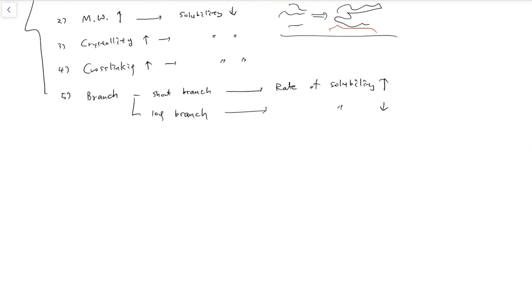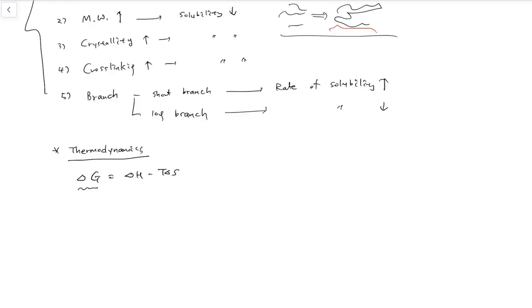Let's try to consider polymer solubility in terms of thermodynamics, since we all have learned about thermodynamics in second year. At which condition would the polymers dissolve in which solvent? It's very simple, right? Thermodynamics tells us that delta G is equal to delta H minus T delta S. That's pretty much it.